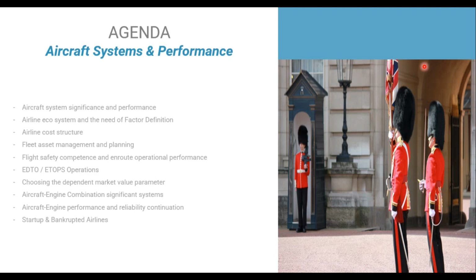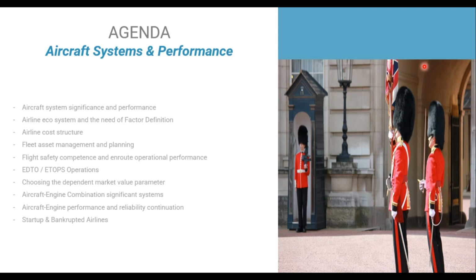We'll talk about flight safety and en route performance and its effect on the aircraft market value. Actually, we'll be having a very quick introduction about the ETOPS operations, or what we started to call in 2014 the EDTO operations. And there is an ICAO document about that released in 2017. You may have it as a reference, and I can share all the references with you afterward.